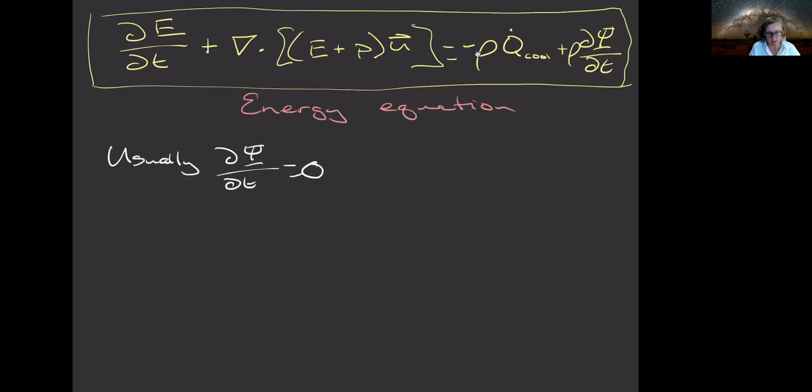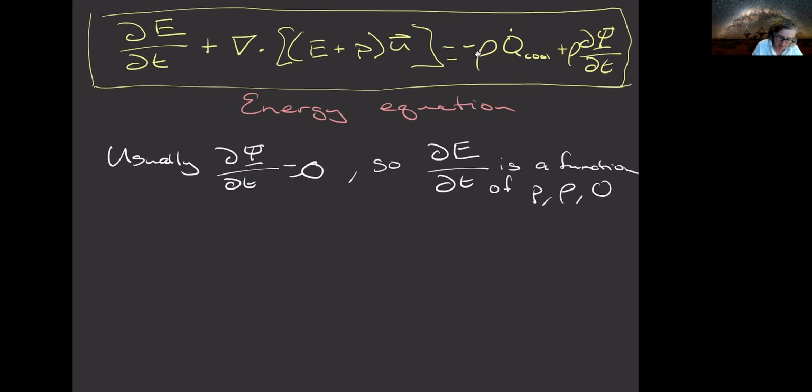The potential is not changing. And so from there, the change in energy with time is a function just of P and rho and the cooling function.